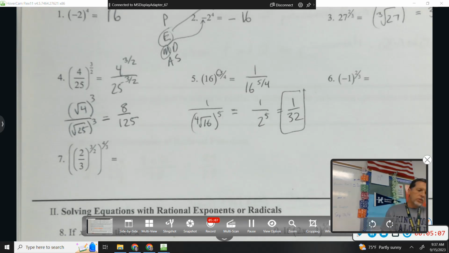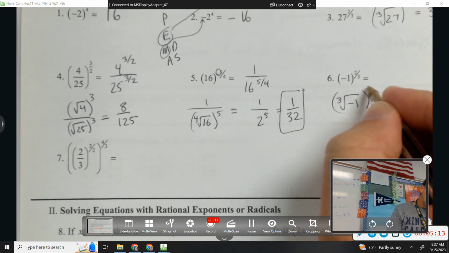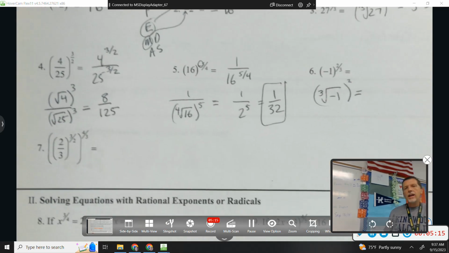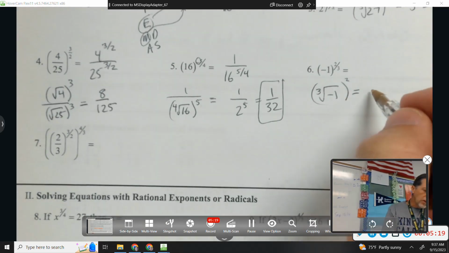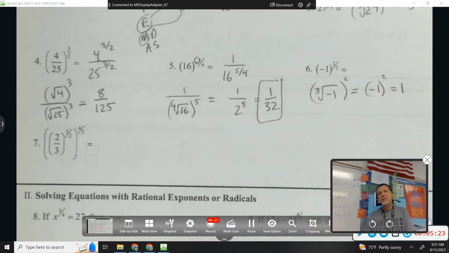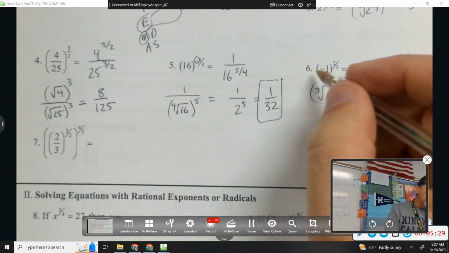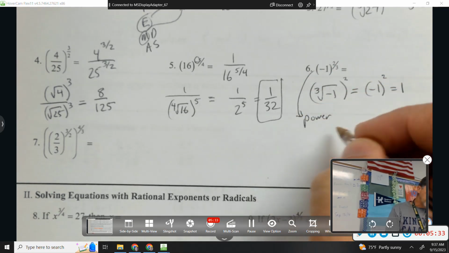Negative 1 to the 2/3. So that's the cube root of negative 1 squared. Cube root of negative 1 is negative 1. Square it, we get positive 1. That's how we usually work the problem. This one you could do the power first, since it's easy enough.